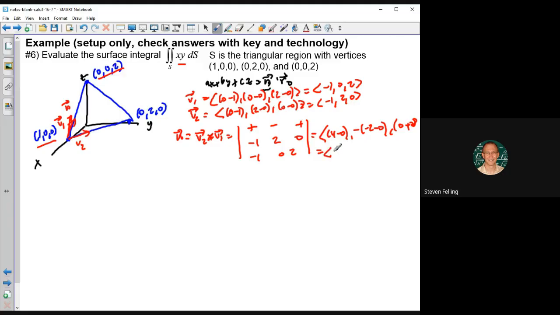And so that would give me 4, 2, 2, which is the same as 2 times 2, 1, 1, right? So I'm going to use this right here as the normal vector. We're going to say the normal to the surface is the vector 2, 1, 1. Doesn't matter what its length is right now.